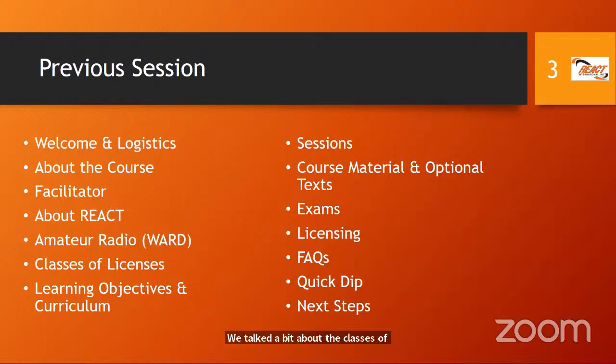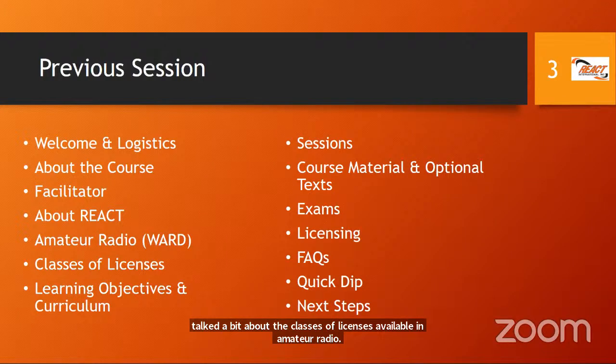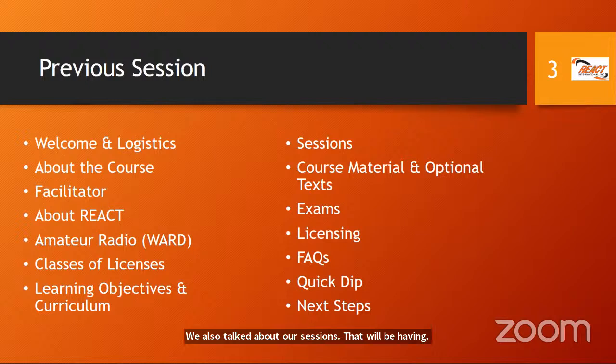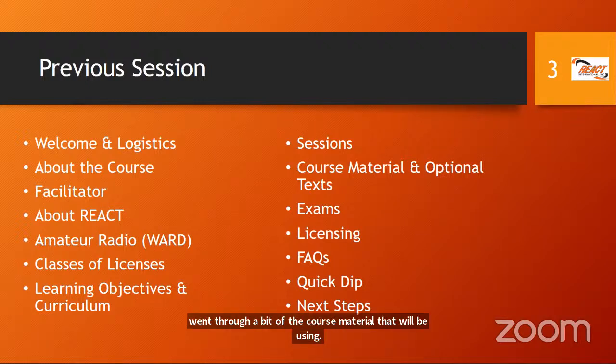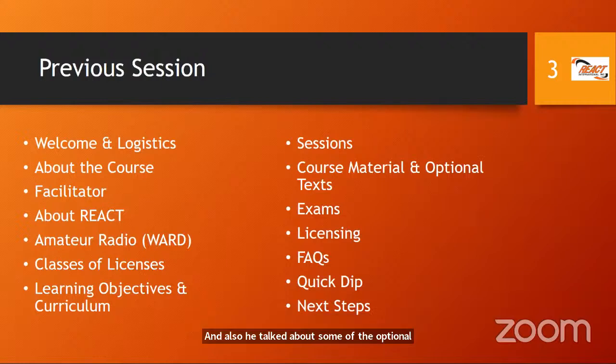We talked a bit about the classes of licenses available in amateur radio. Then we went a bit into our learning objectives and details of the curriculum. We also talked about the sessions that we'll be having. We went through a bit of the course material that we'll be using. And also we talked about some of the optional texts that are available should participants choose to purchase.